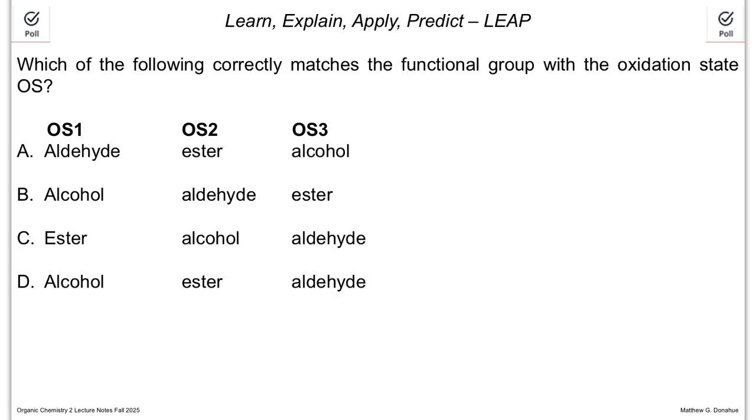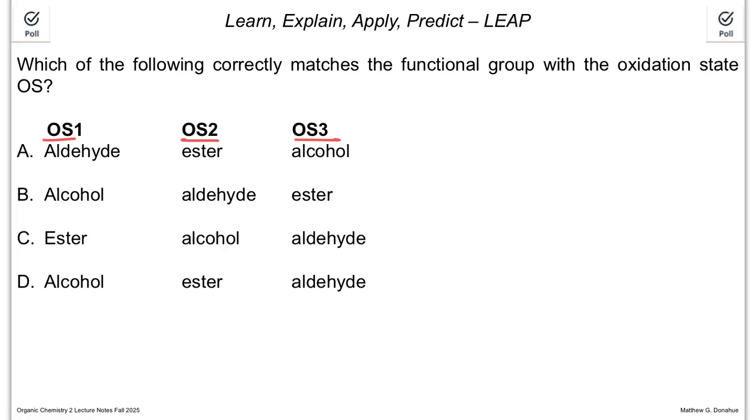So here's a question for you. We have these categories: oxidation state 1, 2, and 3. Which choice best matches the functional group associated? What'd you say?